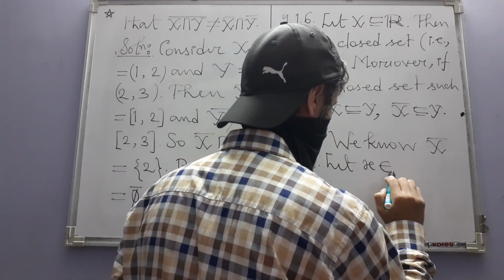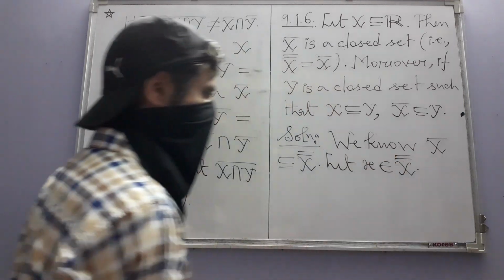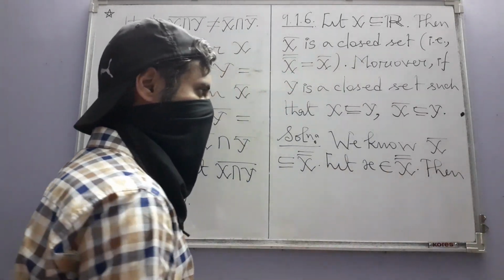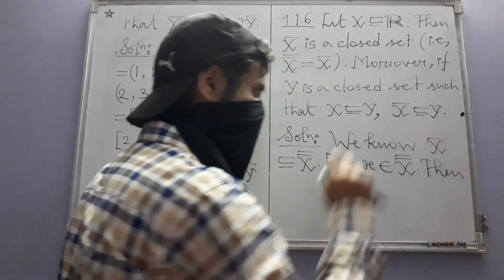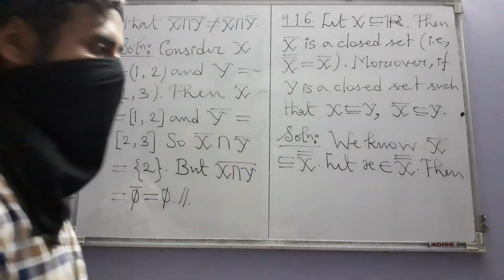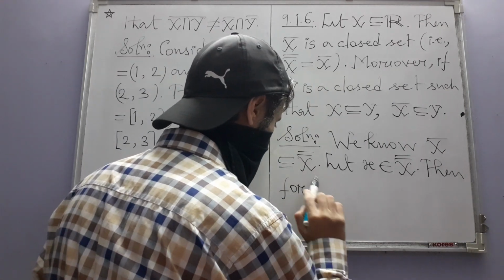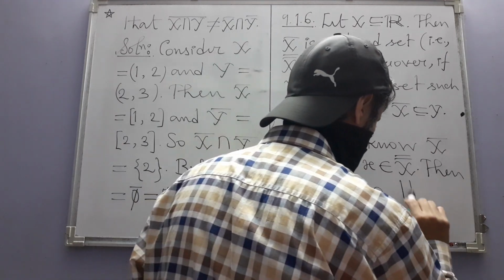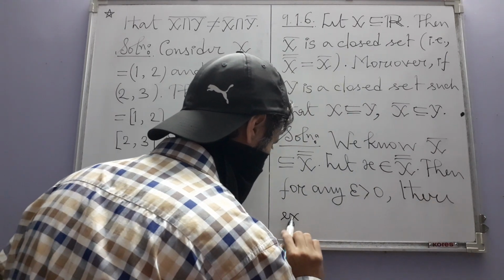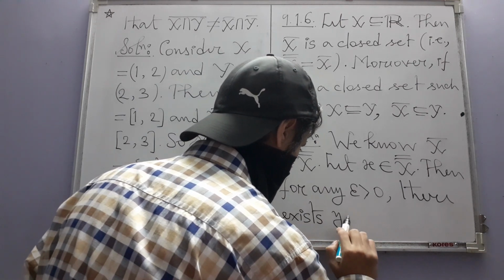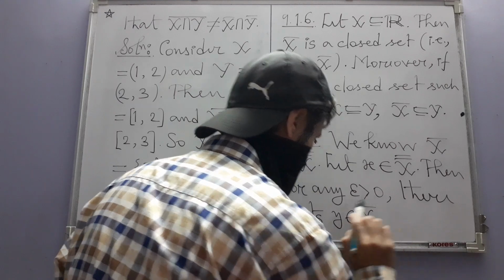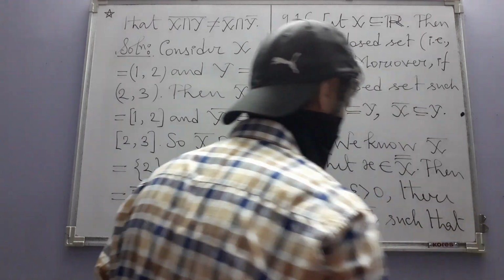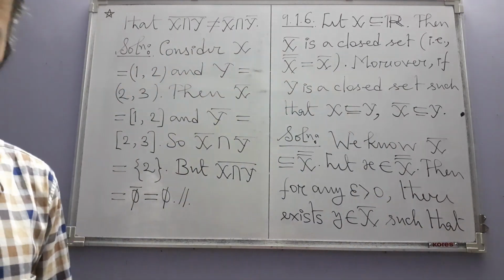So let x be any element in this set. That means x is an adherent point of X closure, because it belongs to its closure. So for any epsilon greater than 0, there exists an element y in X closure such that y is epsilon close to x.